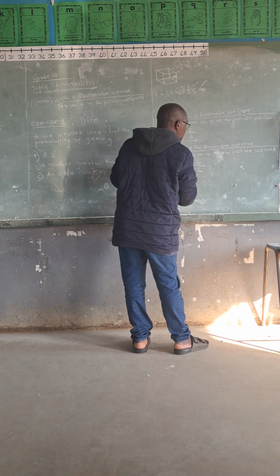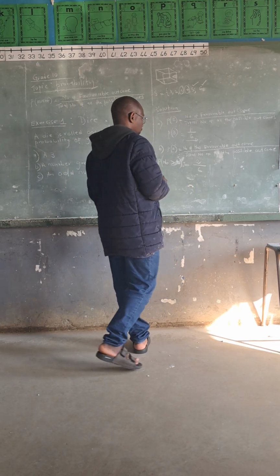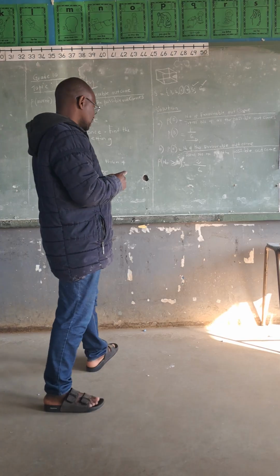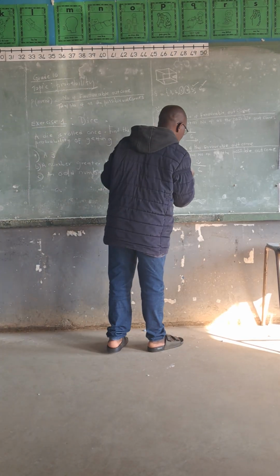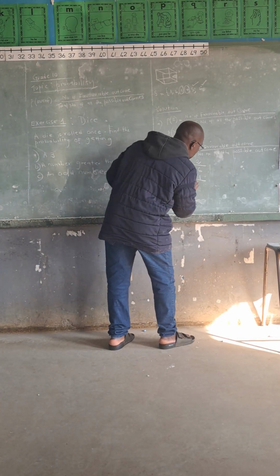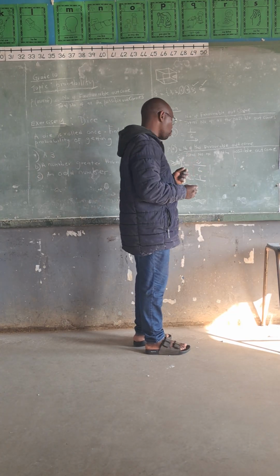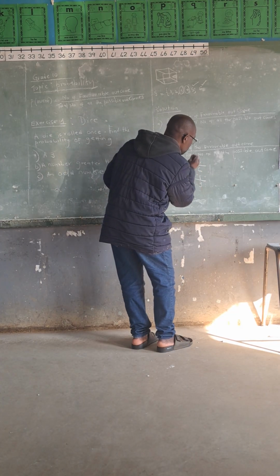Out of 6 possible outcomes. Now, let us simplify 2 over 6. 2 divided by 2 is 1 whole over 6 divided by 2, which is equal to 3.